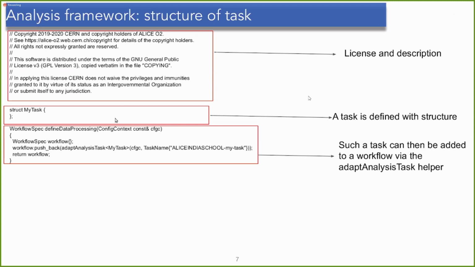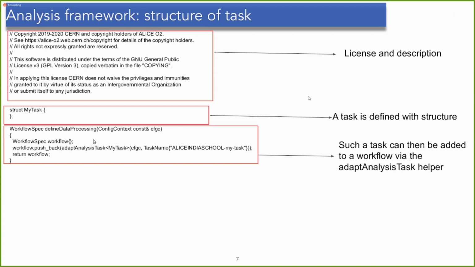So the main task mainly has two bodies. One is the struct or the structure function. Another is the data processing function. In this structure function, we will basically write our analysis task. It means we will put our event loop, track loop, all the analysis steps, and then you need to use this define data processing.